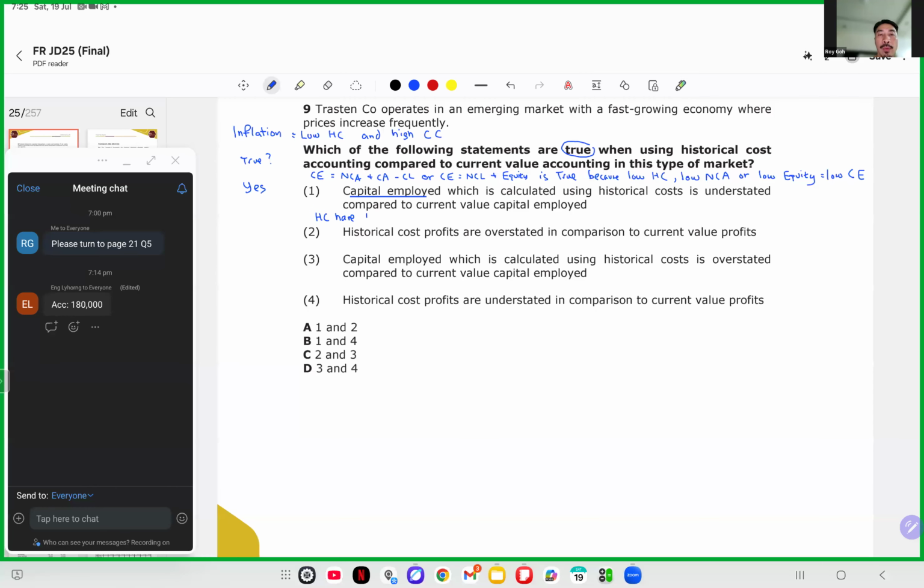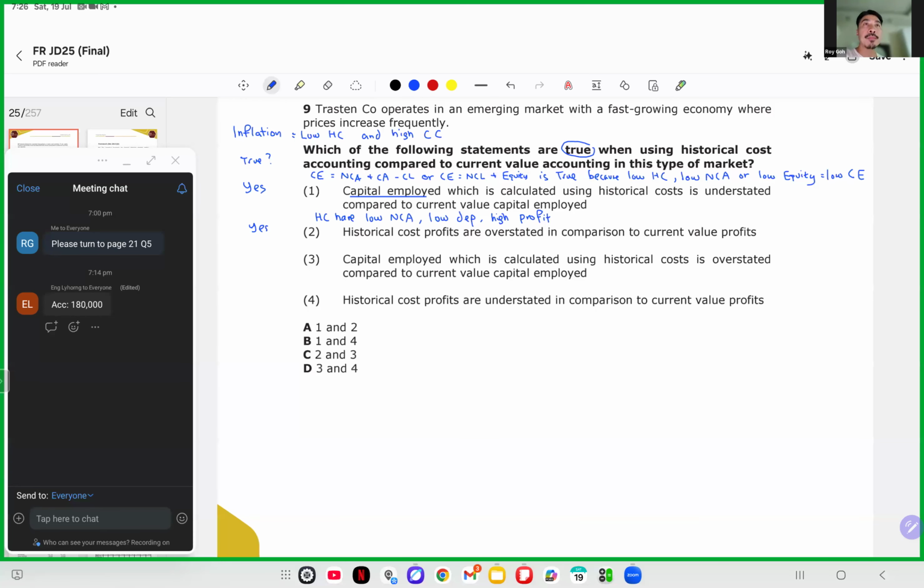I have low non-current asset. If I have low non-current asset, I charge low depreciation. If I have low depreciation, it will result in high profit compared to a current cost. So do you think this sentence is true? Definitely, it is true. Make sense to you?